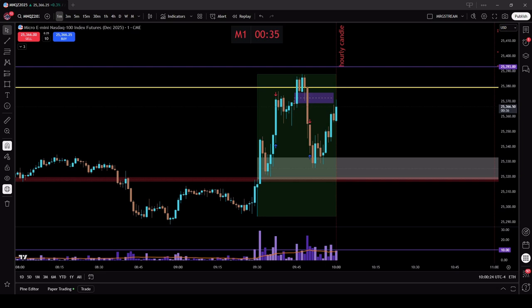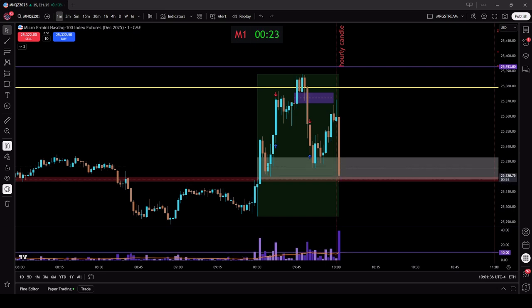The only times they are easy to tell if it's going to be a good quality inversion fair value gap, in my opinion, is what's happening right now with those two wicks. But you've got to be really quick to have gotten into that as a short after those two wicks.